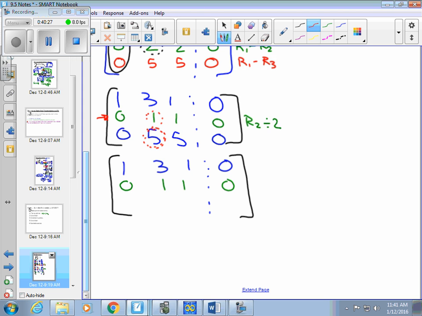I want this to be a 0, so I'm going to multiply -5 times row 2 and add row 3. -5 times 0 plus 0 gets me 0. -5 times 1 plus 5 gets me 0. -5 times 1 is -5 plus 5 gets me 0. -5 times 0 plus 0 also gets me 0.